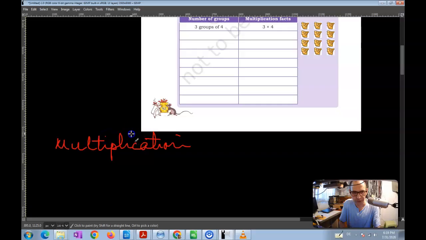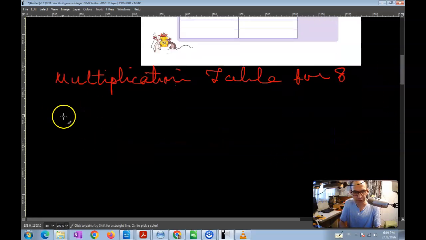The multiplication table for 8 is again simple. For example, you would say 8 times 1, 8 times 2, and so on and so forth. And you already know the meaning of 8 times 1, meaning 8 groups of 1, 8 groups of 2, 8 groups of 3.